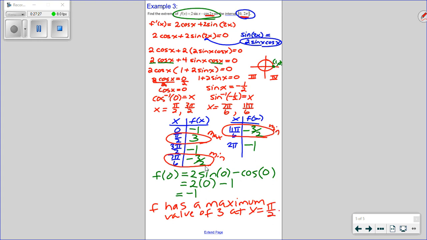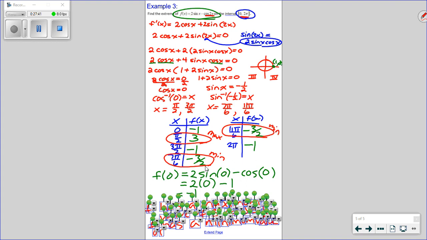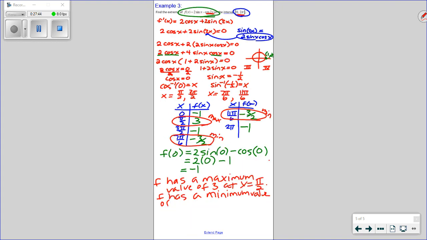And we'll say f has a minimum value of -3/2 at, and it just so happens that that value occurs at x equals 7 pi over 6 and 11 pi over 6. So you'll just include both of those x values.